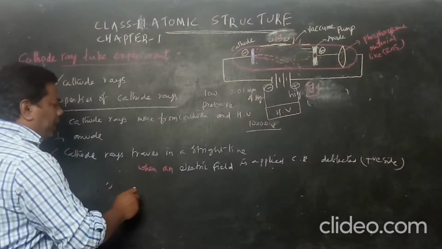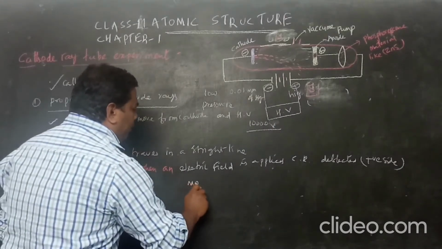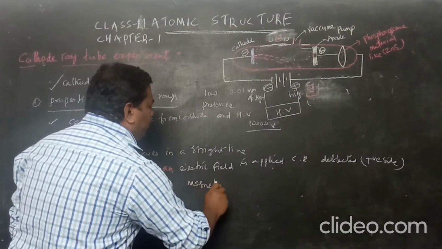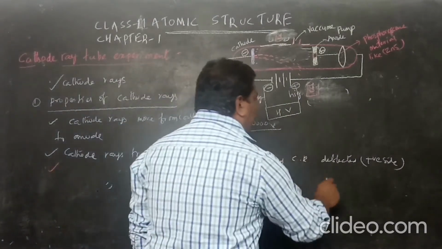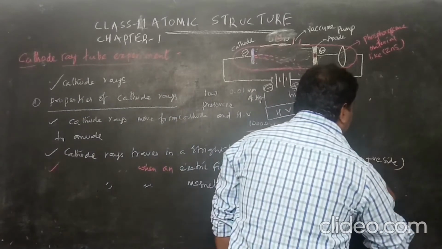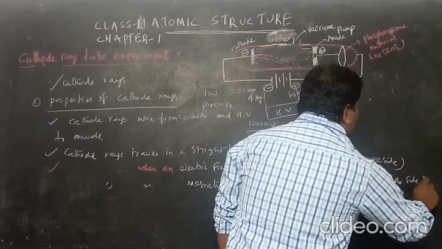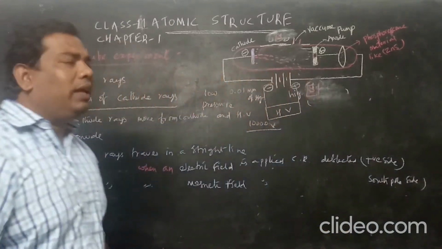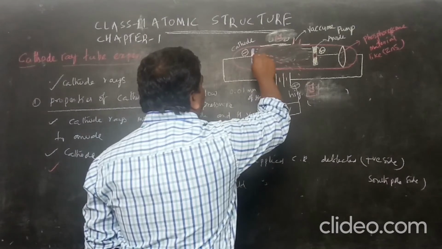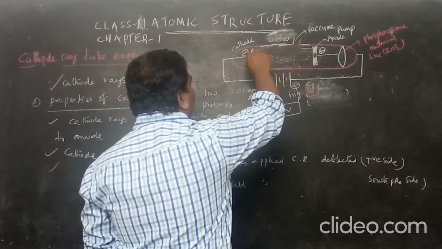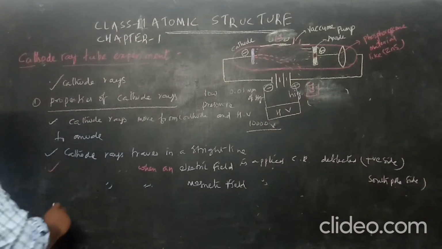So when a magnetic field is applied, cathode rays are deflected to the south pole side. So this clearly says that the rays travel from cathode to south pole. Okay, clear, right?